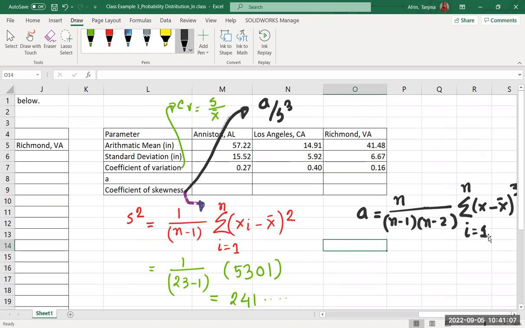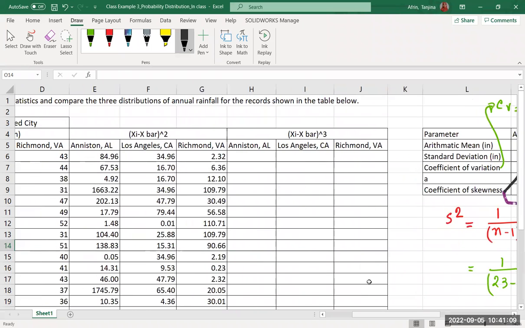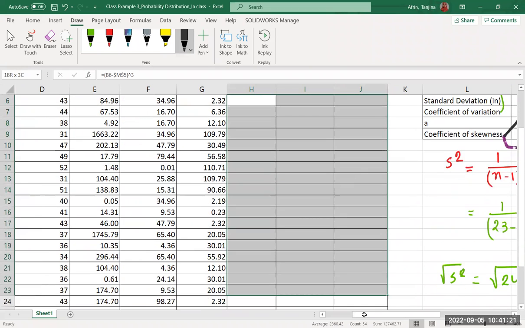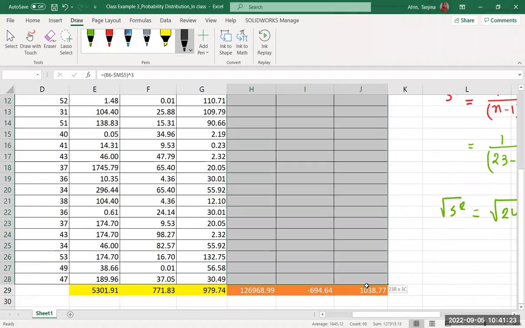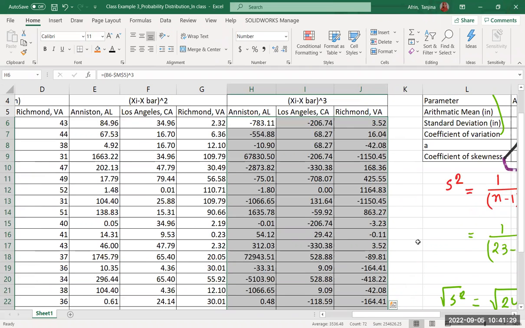Now, if you look at your Excel copy, I again left some spaces for x minus x bar cubed. Can you do that again, just like you did for the square? To do that, I'm giving you the values just to make sure you can match. Do that and find the summation and make sure those are the numbers.